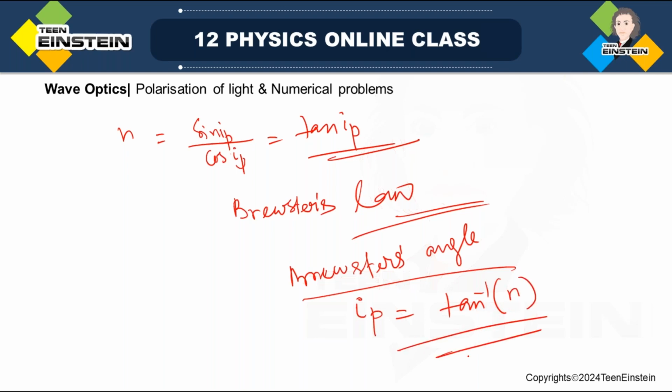So this is Brewster's angle, or this law is also called Brewster's law.